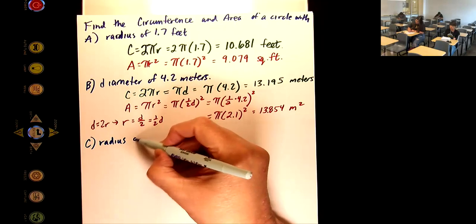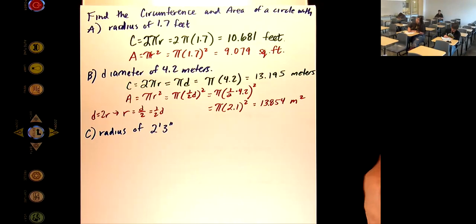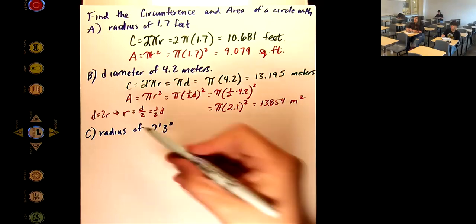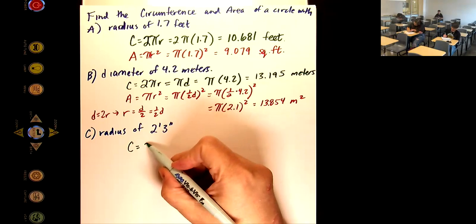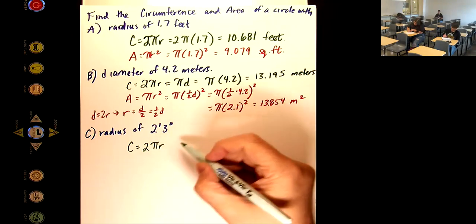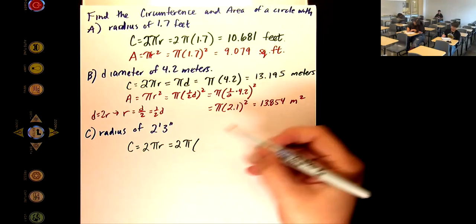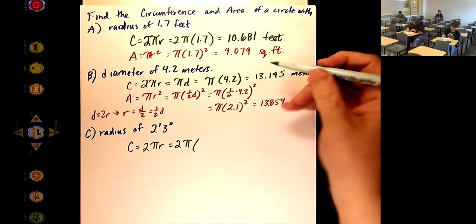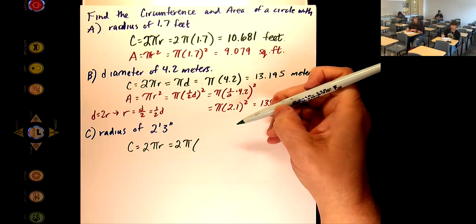Do one more. So 2 feet 3 inches. I want to do 2 pi r for circumference. I don't want to use 2 feet 3 inches though, because I want them all to be the same units.